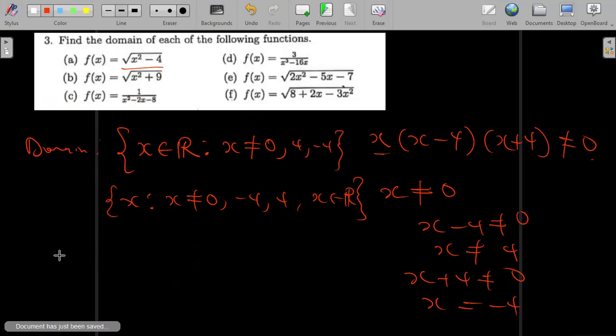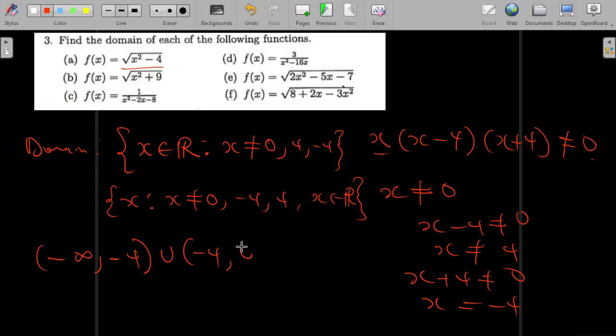Or you can write it in interval notation, where it runs from negative infinity all the way up to negative 4, but negative 4 will be open there, because x can't equal negative 4. Then union, from negative 4, not part of it, all the way up to 0.